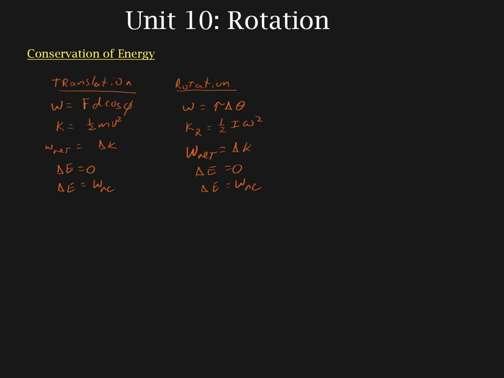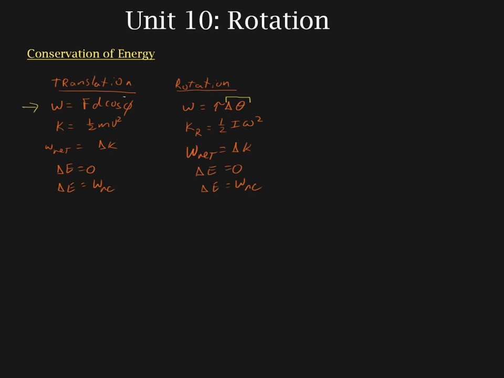Okay, so you can see the direct comparison. Our first equation here is just the definition of work, and we learned that work was equal to F dot D, which is the same thing as F times D times the cosine of phi. In rotation, work is defined as the rotational equivalent of force, and then the rotational equivalent of displacement, which is delta theta.